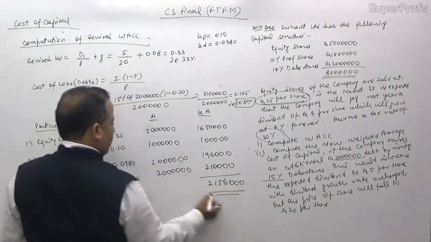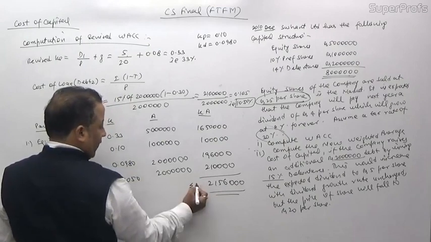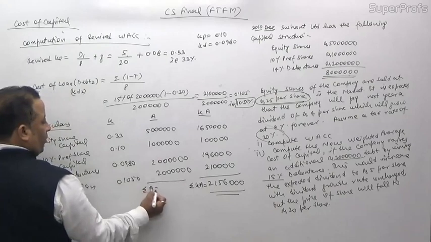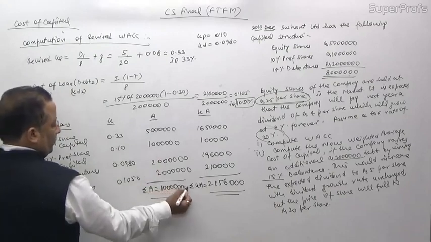The value of sigma KA is equal to 21,56,000. Sigma A is equal to 1 crore.